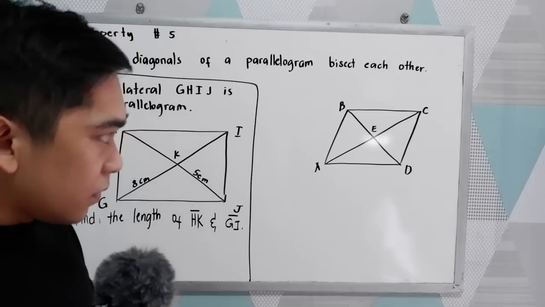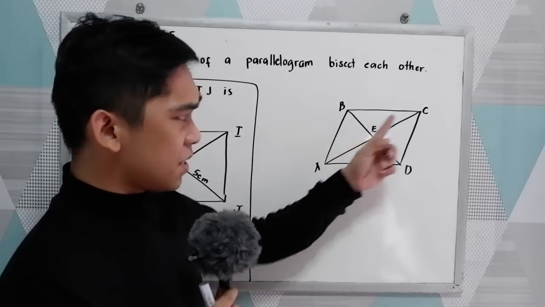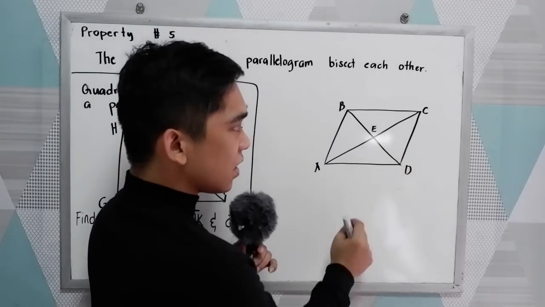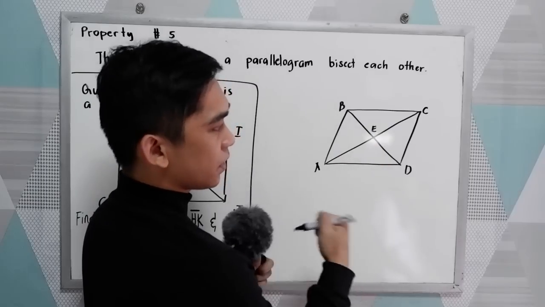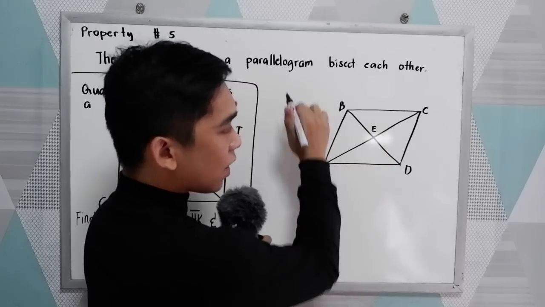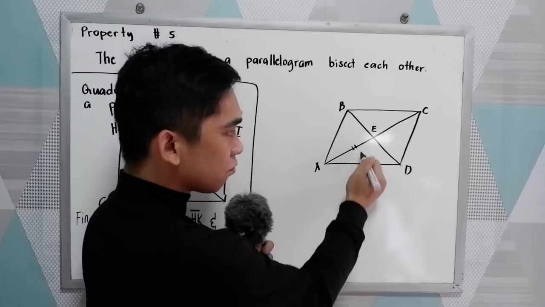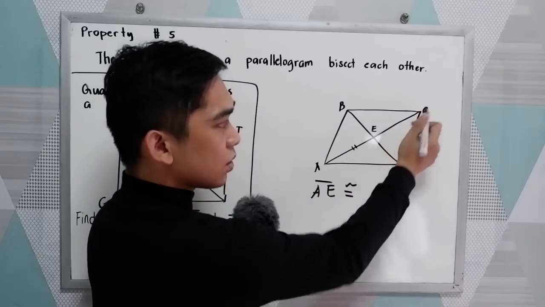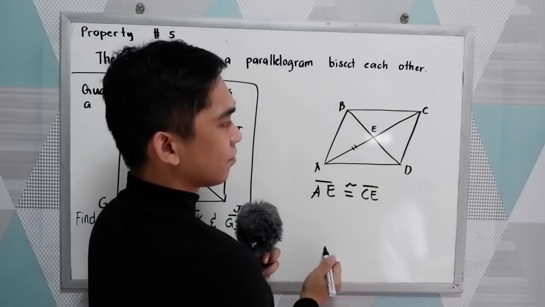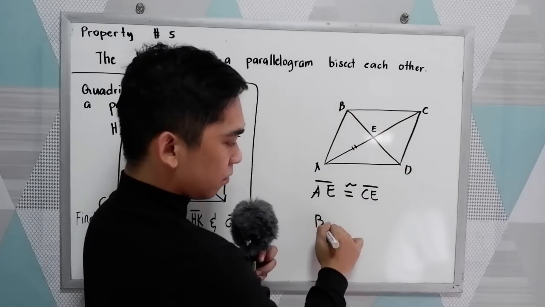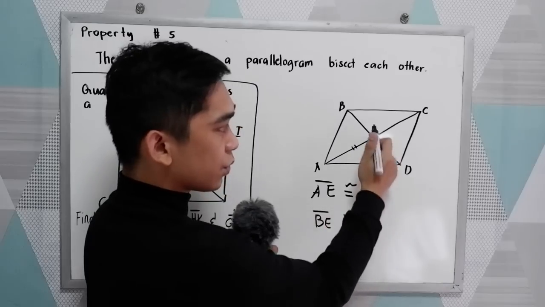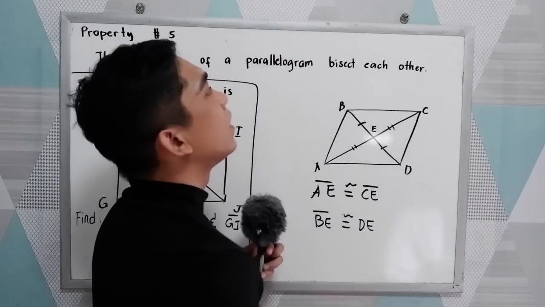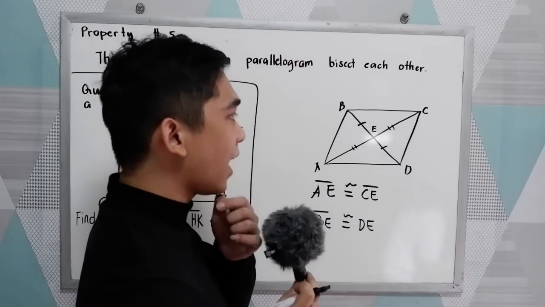That means if we have our parallelogram ABCD and we have diagonals AC and BD, following property number 5, AE is congruent to CE and BE is congruent to DE. Diagonals of a parallelogram bisect each other.